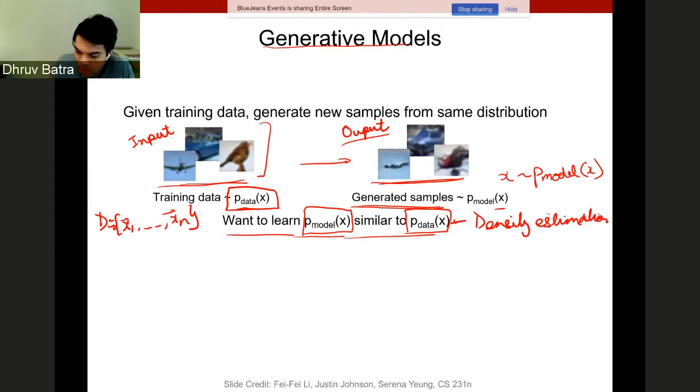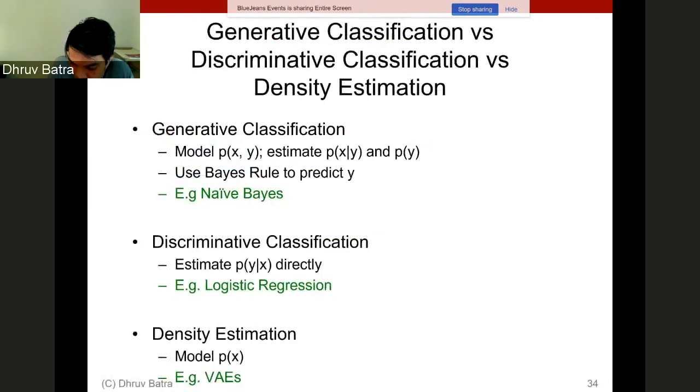And notice that I want to relate the word generative to something that you may already have seen before. You may have heard of things called generative classification versus discriminative classification. In the context of classification, generative classification typically refers to this idea that instead of learning P of Y given X, what we will learn is P of X given Y. X is input, Y is output.